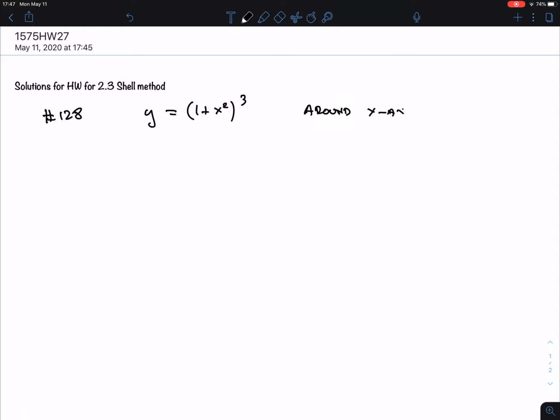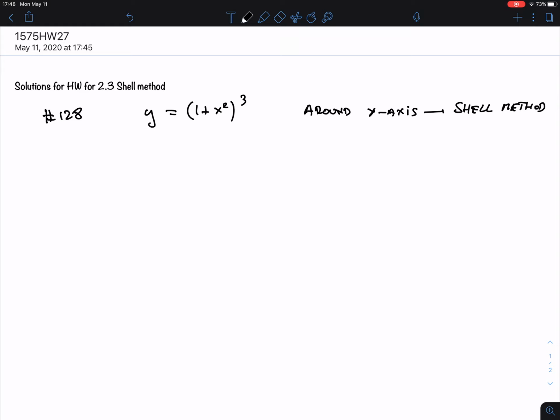So because it's the y-axis, the book treats more general cases, but I'm treating only the y-axis. For us this means the shell method.